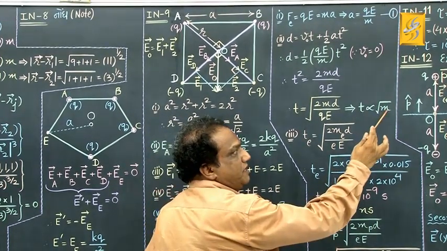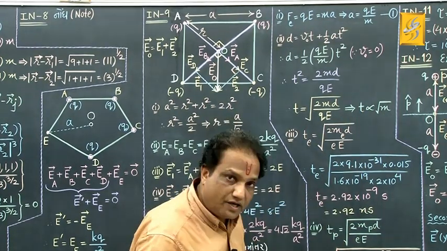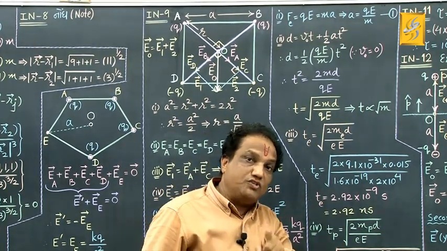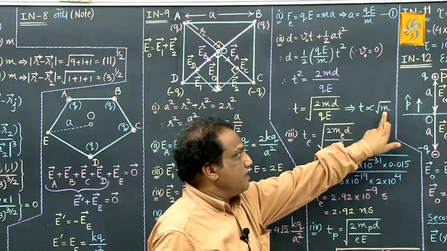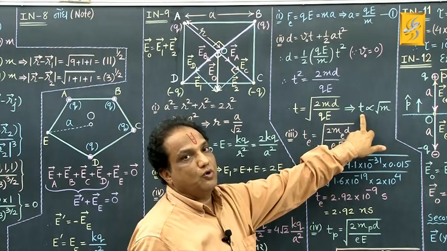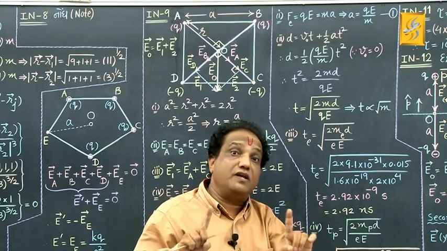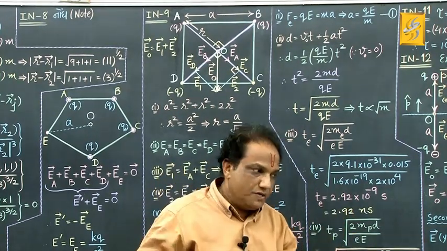For a heavier particle, mass is greater, and then the time taken by that particle also will be greater. Compared to electron, proton is very heavy. That's why its mass is very large as compared to the mass of electron. That's why the time taken by proton to travel the same distance vertically downwards in the same electric field is very large.